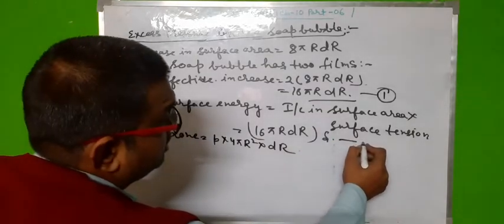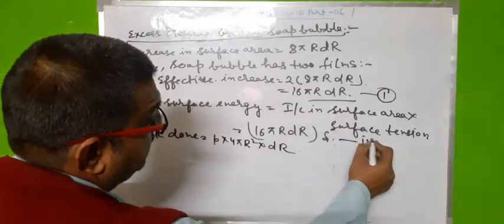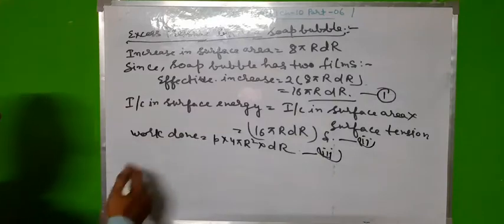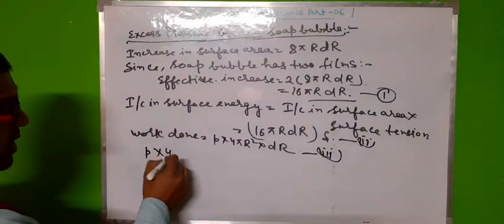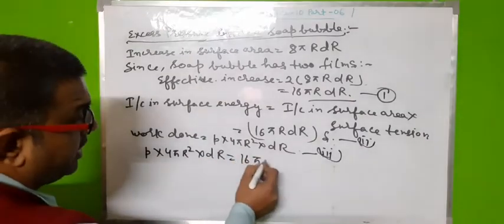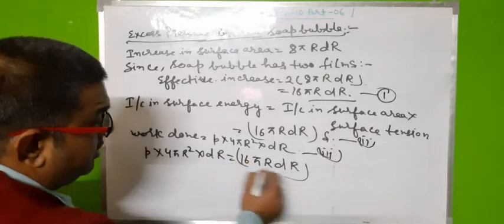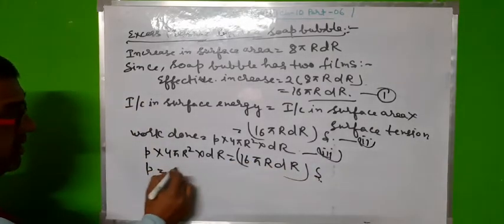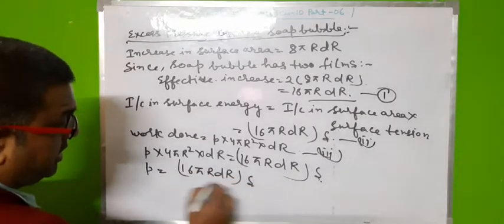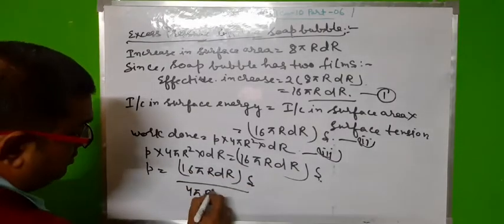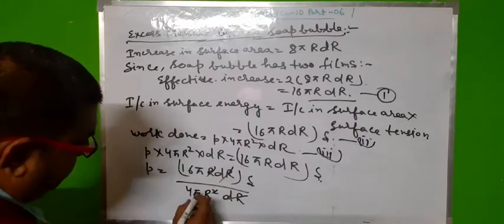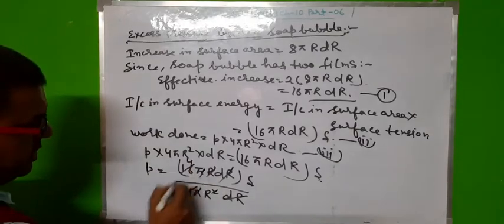Equating this, suppose this is second and this is third. So equating these two equations, we will get P into 4 pi r square into dr is equal to 16 pi r dr into S, and from here P can be calculated as 16 pi r dr into S upon 4 pi r square dr. R to R cancel, pi to pi cancel, 4 into 4 is 16.